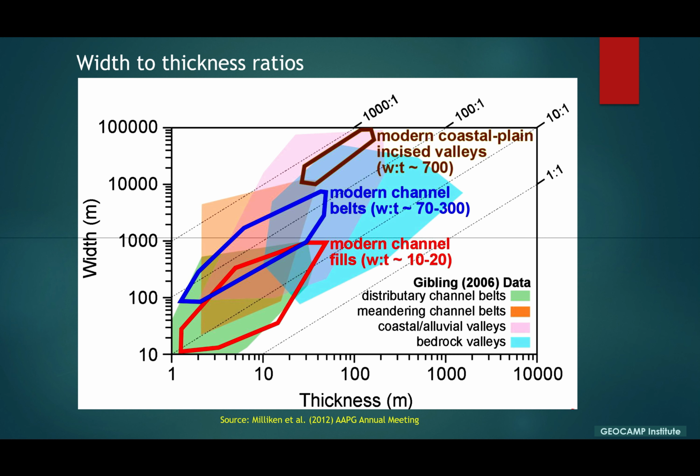These are much larger scale applications, but at much smaller scale, the width to thickness ratio is very important in classifying the channels into confined, weakly confined, or distributive channel systems.